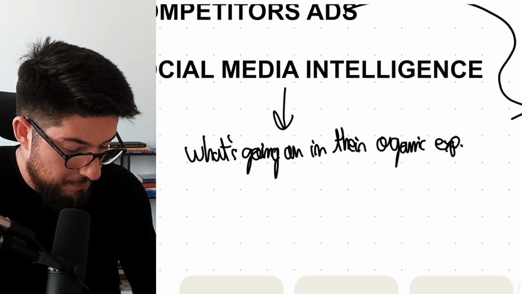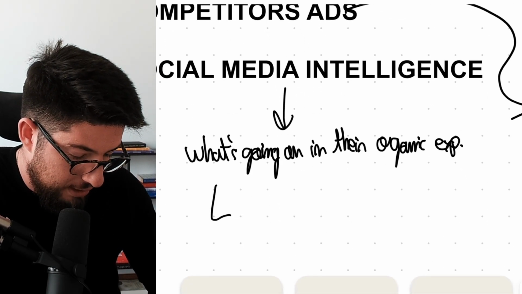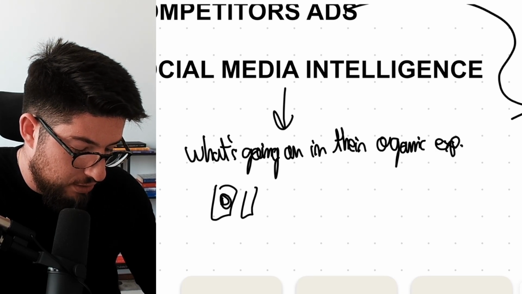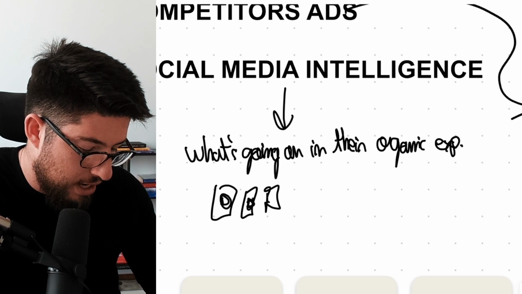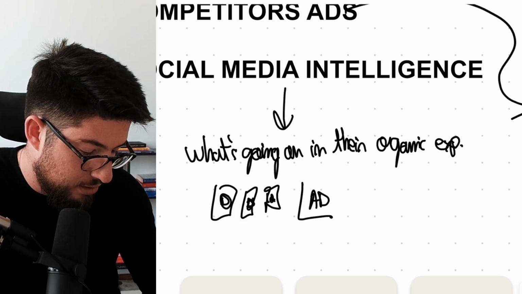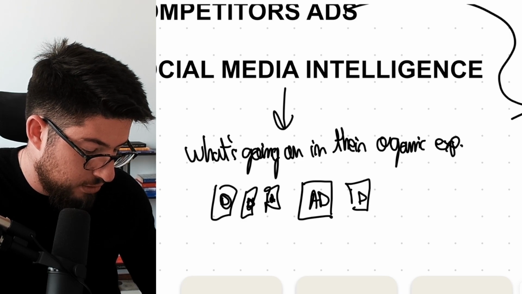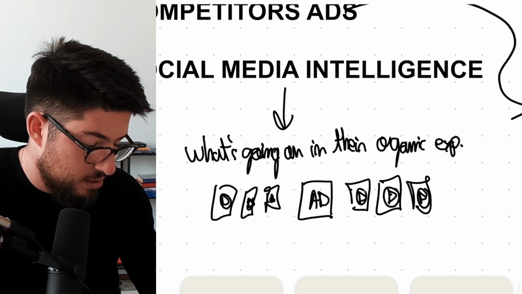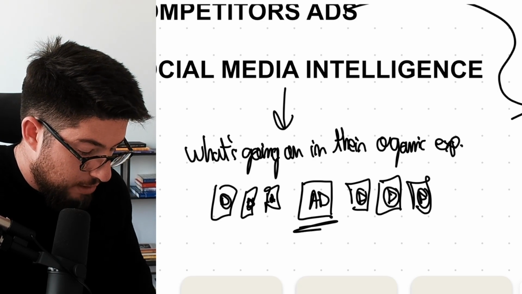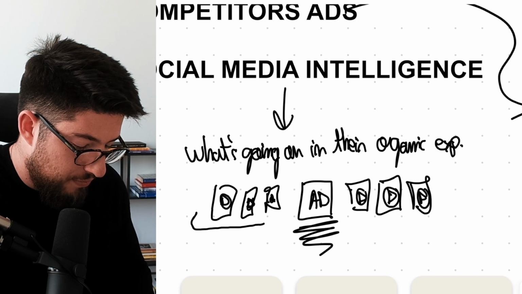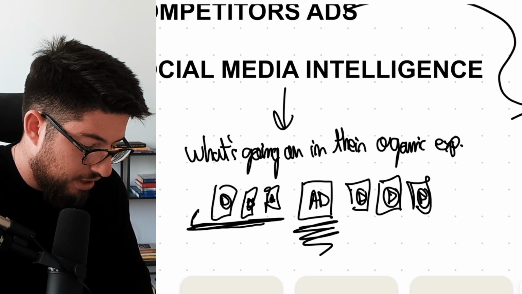Imagine this is what they're seeing in organic: boom, boom, boom, boom, boom. Now the ad appears and they then continue to see more organic content. So all of these are videos, but then your ad appears here, and they are on this journey of having fun.